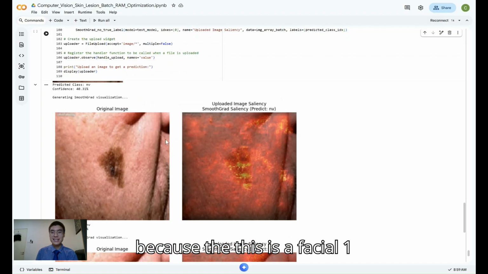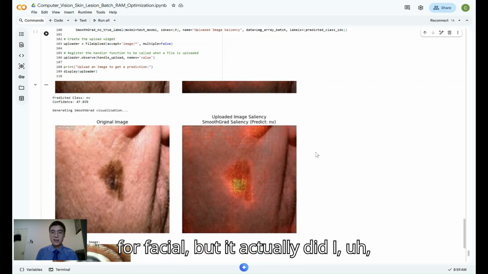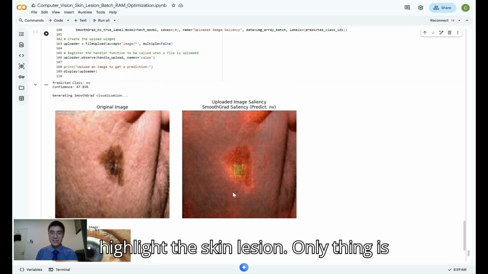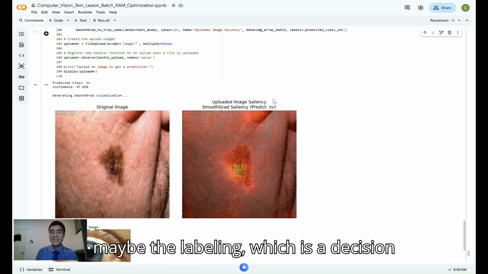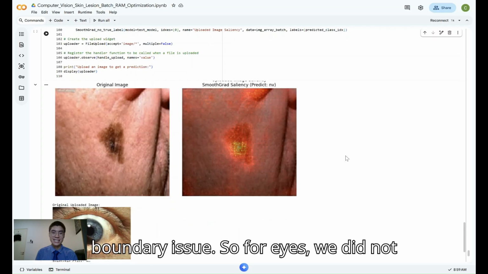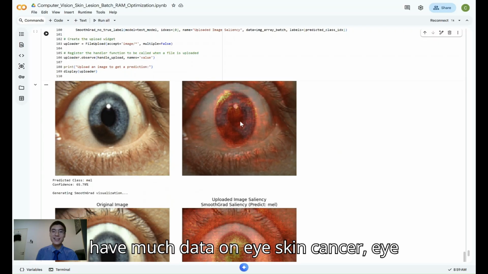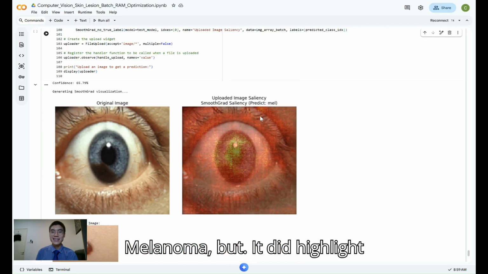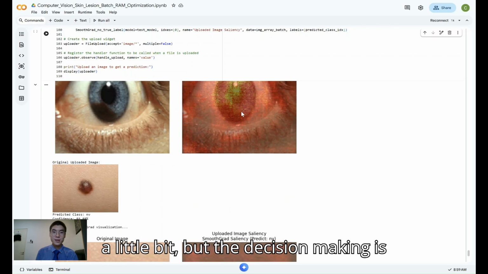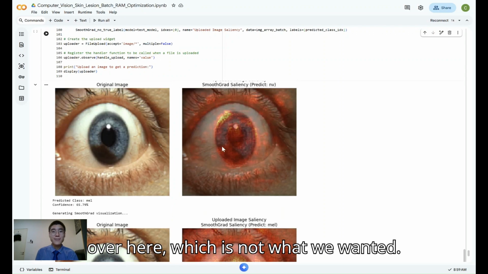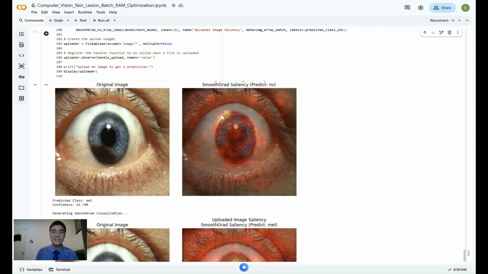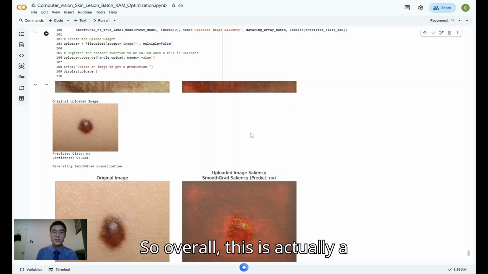This is a bit of an anomaly because this is a facial one, so there's not much data for facial, but it actually did highlight the skin lesion. The only thing is maybe the labeling, which is a decision boundary issue. For eyes, we did not have much data on eye melanoma, but it did highlight a little bit, but the decision making is over here, which is not what we wanted.